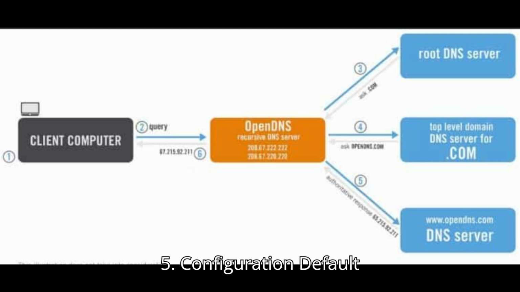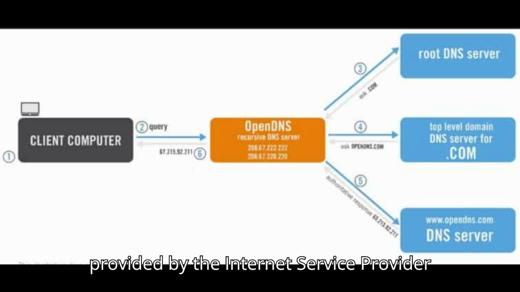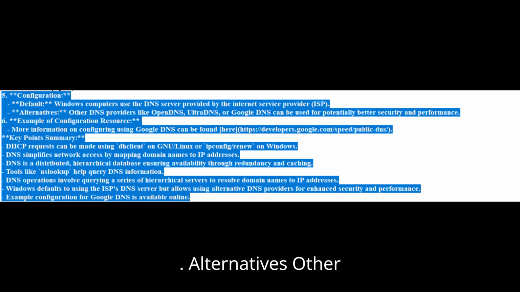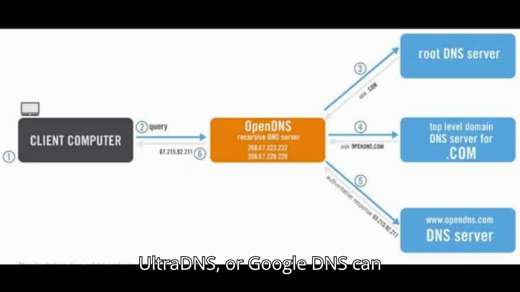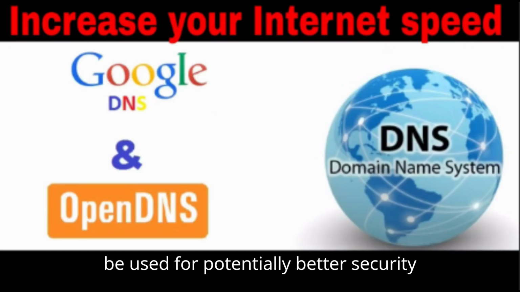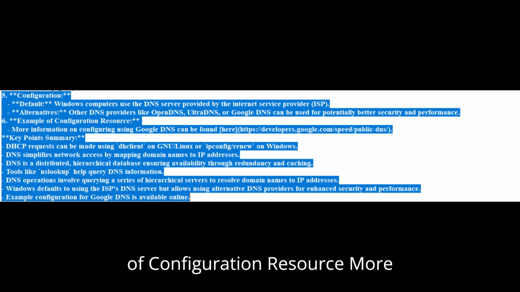5. Configuration. Default. Windows computers use the DNS server provided by the Internet Service Provider, ISP. Alternatives. Other DNS providers like OpenDNS, UltraDNS, or Google DNS can be used for potentially better security and performance. 6. Example of configuration resource.